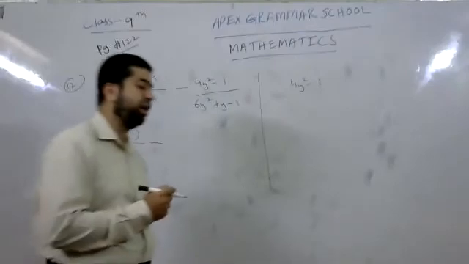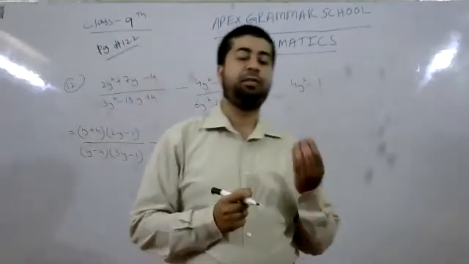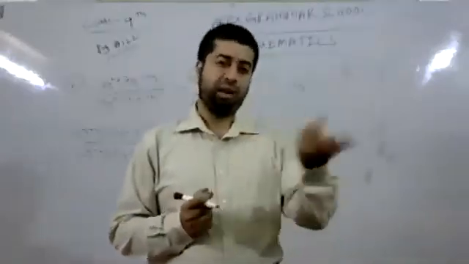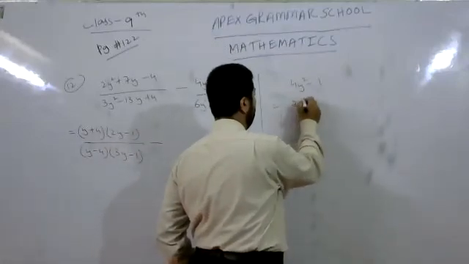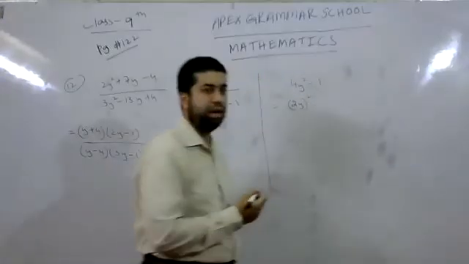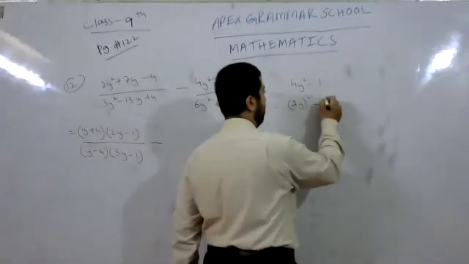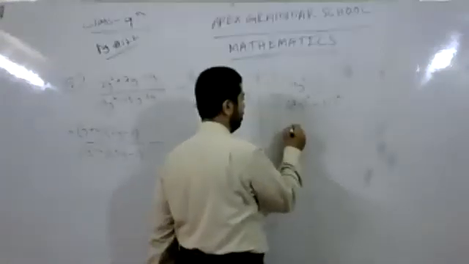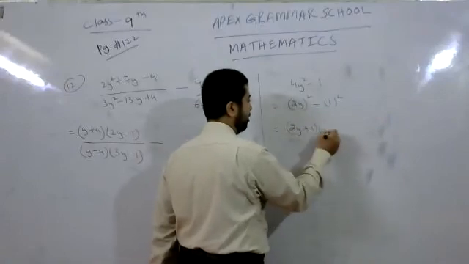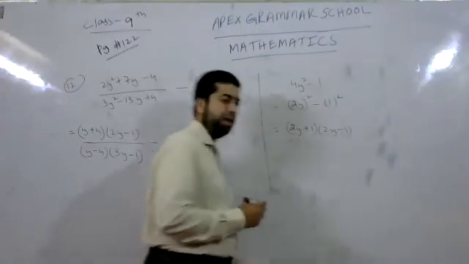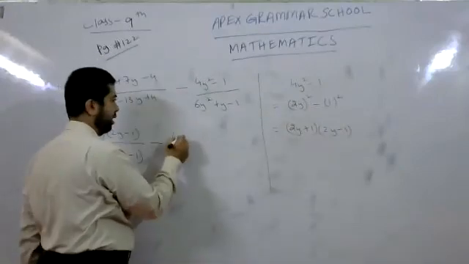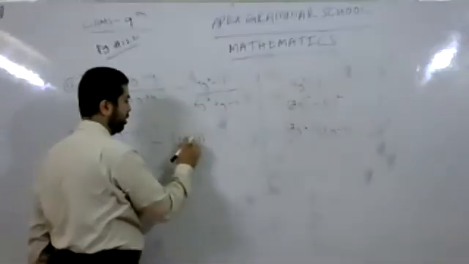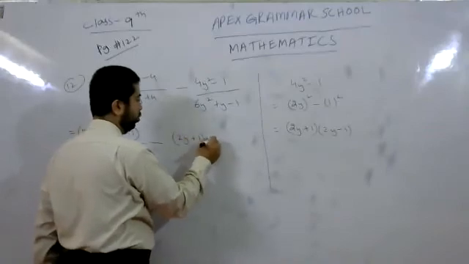If there is a negative sign between two squares, then it must be of the form a square minus b square. So we can write this as 2y whole square, this is called a square, and 1 is 1 square, called b square. So this is 2y plus 1 and 2y minus 1, that is a plus b into a minus b.